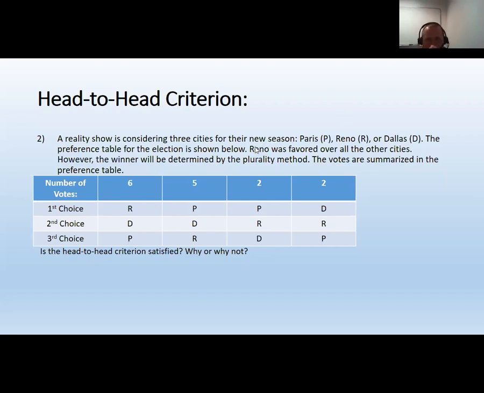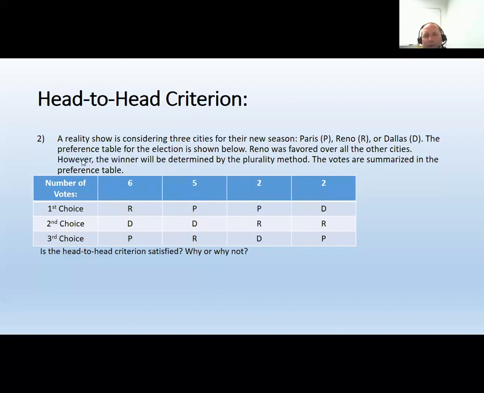Reno won head-to-head over all the other cities. They didn't show us that, they just gave it as given information. It says right here, Reno was favored over all the other cities, so Reno wins head-to-head against all the other cities.